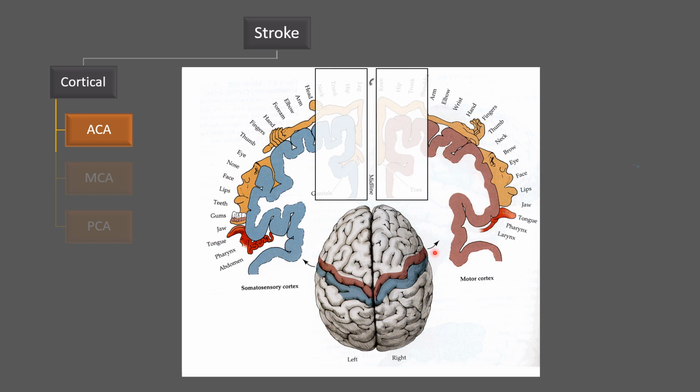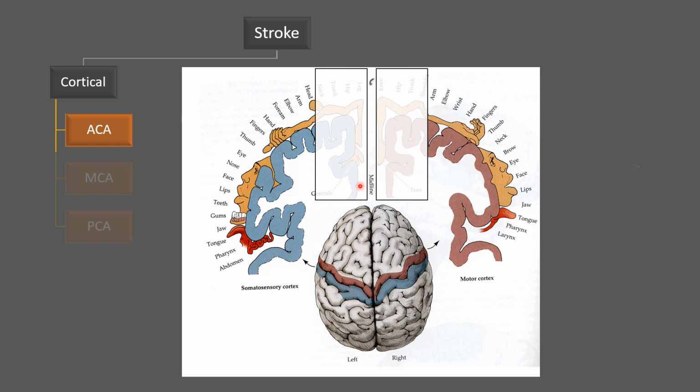Knowing that the ACA supplies the most medial part and only a little of the lateral surface of the brain suggests that the presentation of ACA will be contralateral weakness and paresthesia or hyperesthesia, with urinary incontinence, as the genitalia and pelvic floor muscles are represented in the most medial area as well.